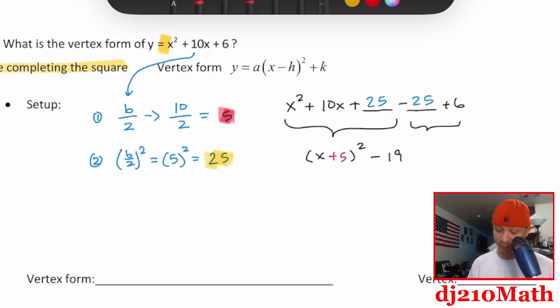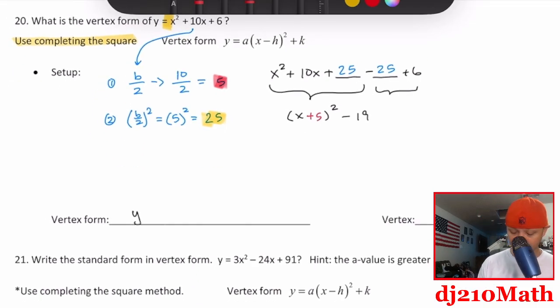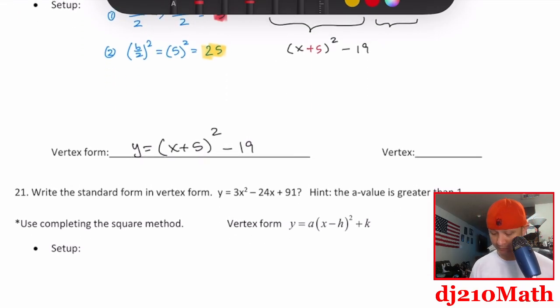So x plus 5 squared. And then combine the two terms on the outside to make negative 19. All right, that's the vertex form. So y equals x plus 5 squared minus 19. What is the vertex? Negative 5, negative 19.